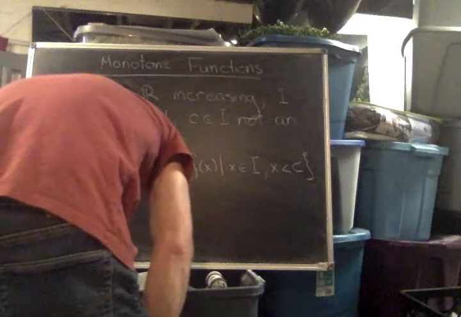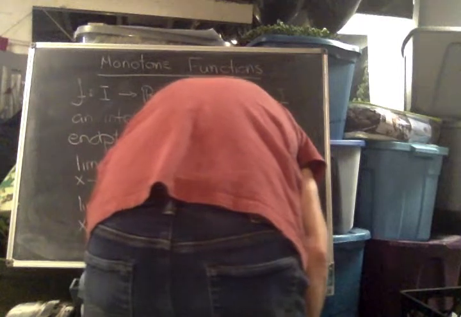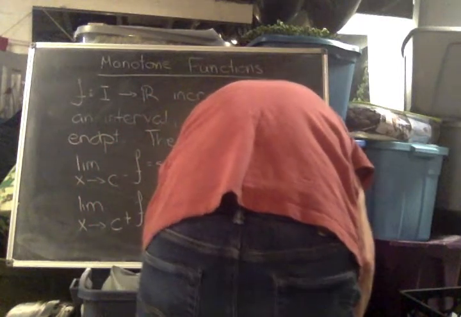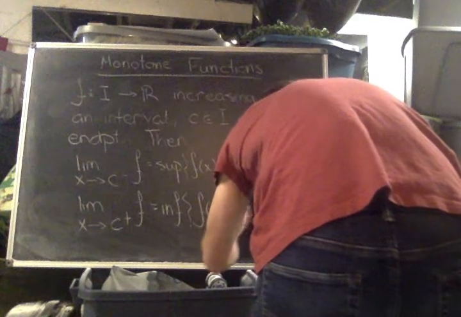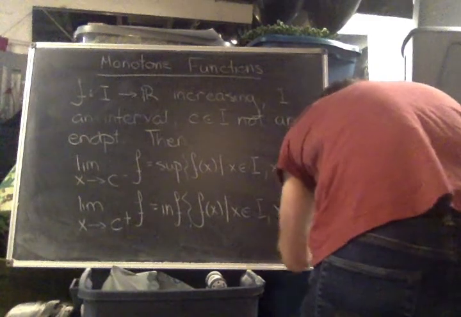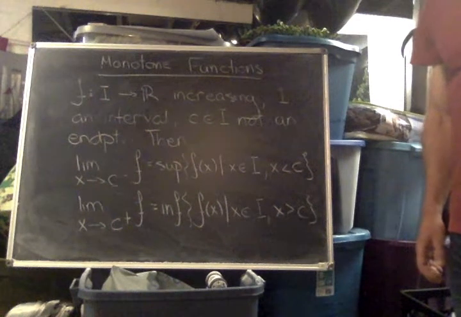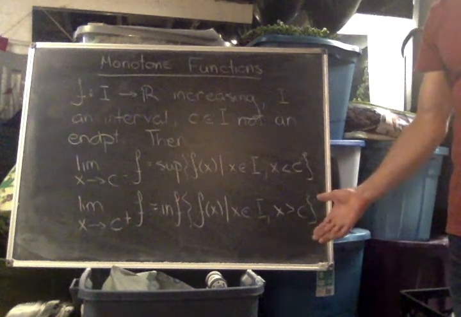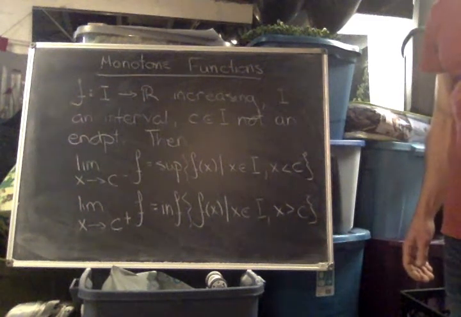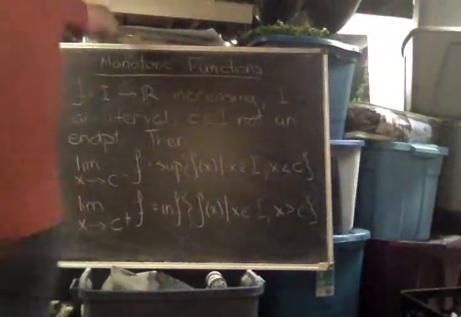While on the other hand, the limit as x approaches c from the right of f is given by the infimum of all the function values f of x, where x belongs to the interval, and now x is greater than c. Okay, so we had this twofold characterization of the two one-sided limits as x approaches c from the left and the right.